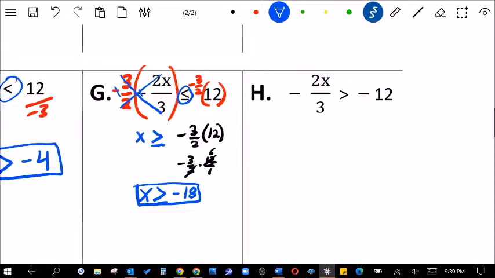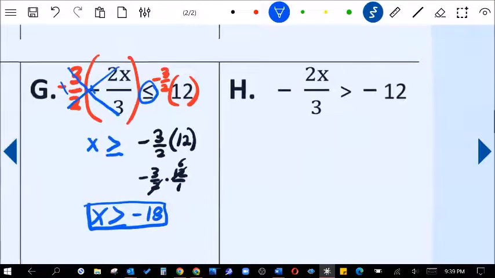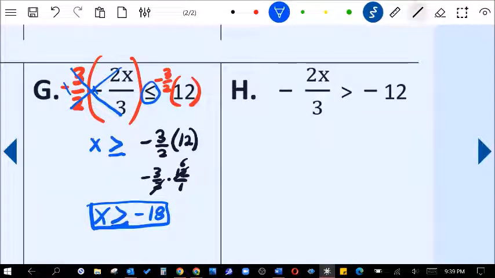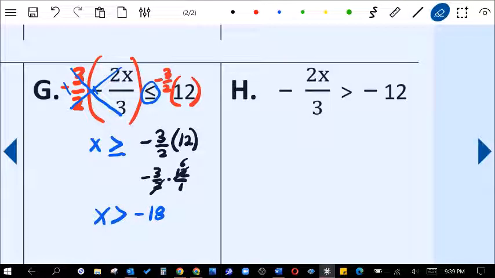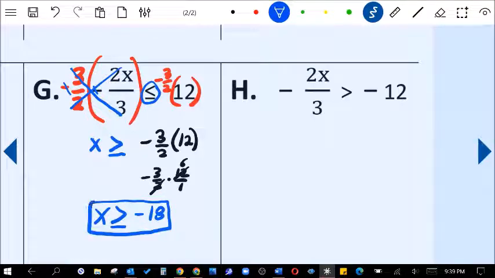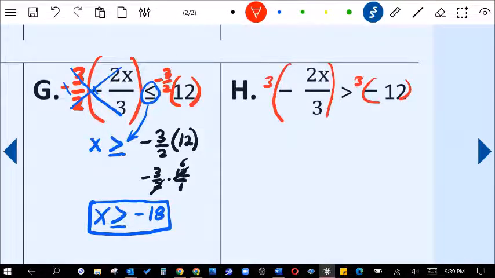Now come over here. Let's do this one, but now it's greater than or equal to. Whoops, I have to be careful down here to make sure that I don't make the box where it runs that equal sign and makes it seem as if it's equal. So I switched the direction of the inequality sign. On the last one here, I'm going to do this in 2 steps. I'm going to multiply by 3, and the 3's cancel, -2x greater than -36.